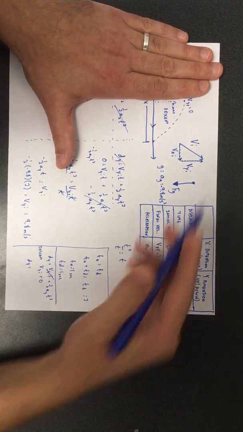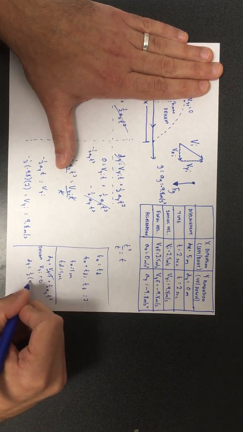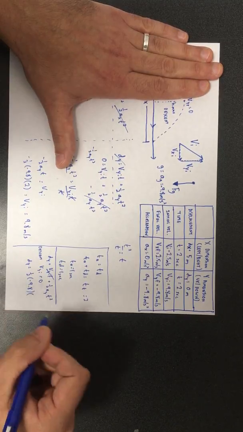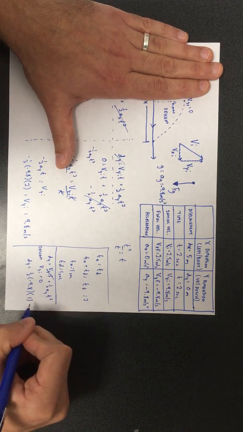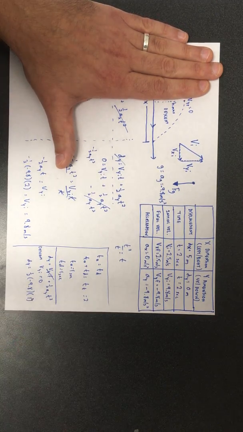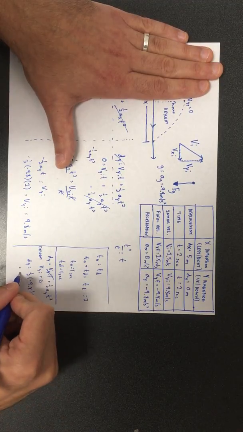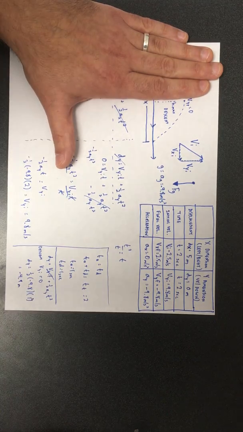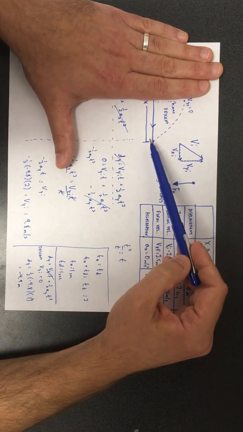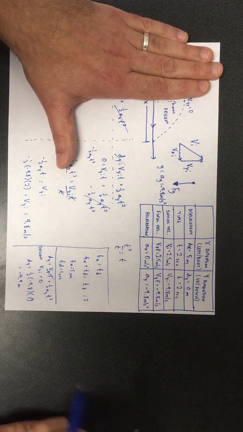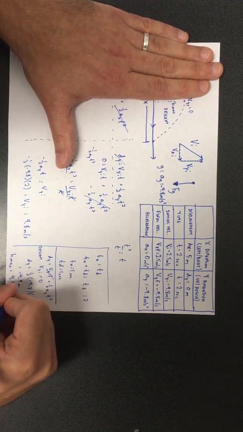So dy, or the displacement downward from its peak, equals 1/2 times negative 9.8 times the time of descent, which we said was 1 second. And we square that, but 1 squared is 1. So now we find that 1/2 times negative 9.8 times 1 equals negative 4.9 meters. So we can say that it fell 4.9 meters from its maximum height. And so its maximum height was just 4.9 meters.